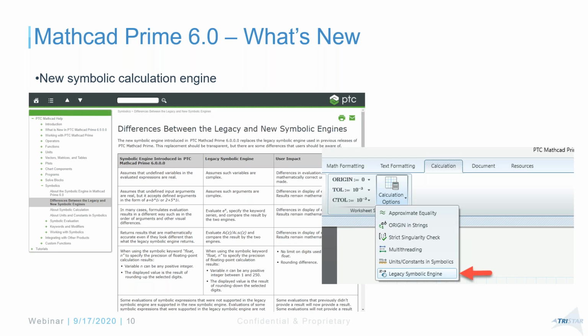But two, you do have the ability to go back to the legacy symbolic engine. From the calculation tab, underneath the calculation options, you can go to this legacy symbolic engine. All right, so this will be going away in future releases, but I want you guys to be aware of this piece of it.